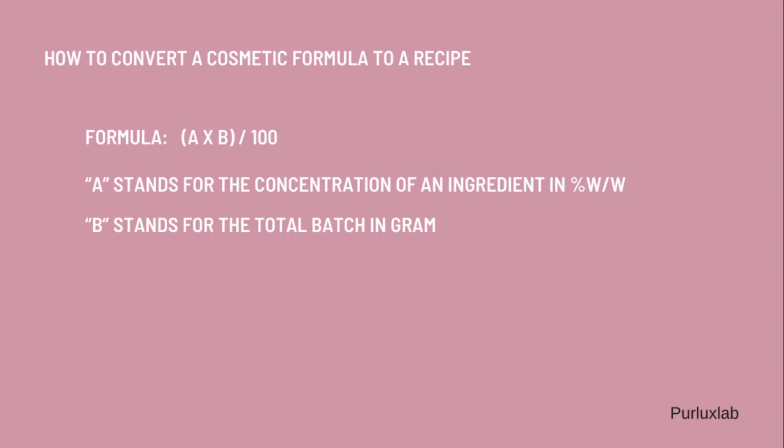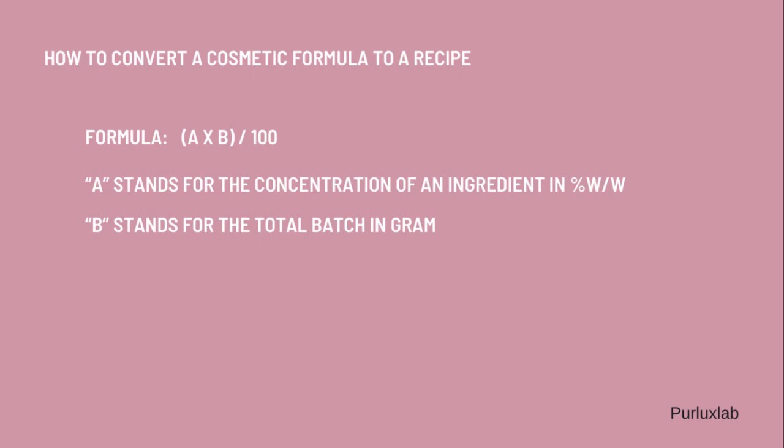In this case, A stands for the concentration of a particular ingredient in percentage weight by weight. That is the ingredient that you are trying to calculate the amount you want to use in your formula. And B stands for the total batch in gram. That is the amount in grams of the batch you are trying to make. So basically this is the formula you're going to use whenever you want to convert your formula from percentage to gram.